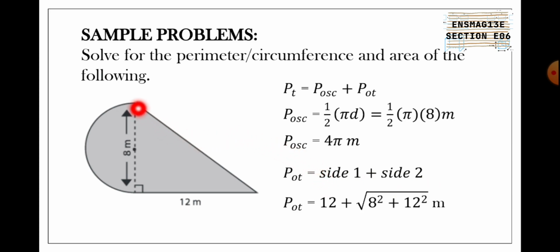We are concerned with the value of c, so this will give us the square root of a squared plus b squared. Your b here is 12, and your a here is 8, because 8 and 12 are the legs of your right triangle. So the total value of the perimeter of your outer triangle is 26.42.